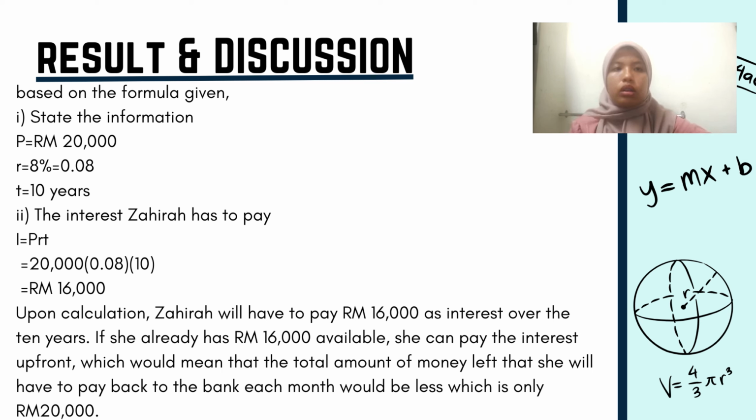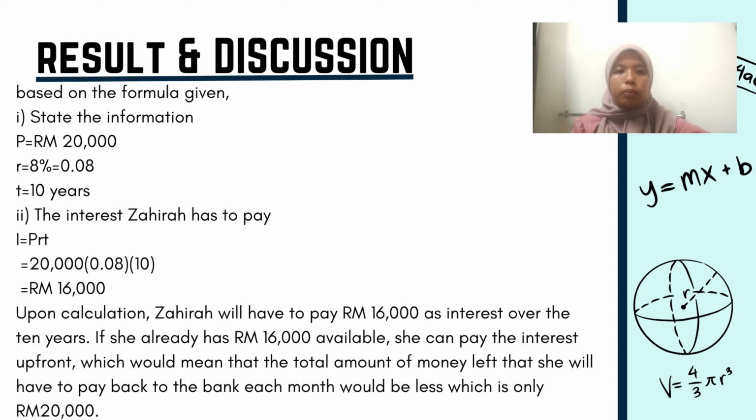Lastly, we state the values from the problem statement. So I equals 20,000 multiplied by 0.08 and multiplied by 10. The total interest is 16,000 ringgit.